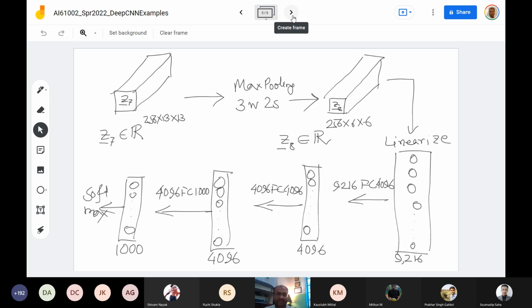Whichever has the highest activation, you get that output in favor of that. So this one I can call Z8 dashed. This becomes Z9. This becomes Z10. And this is my Y, which is my output over there.